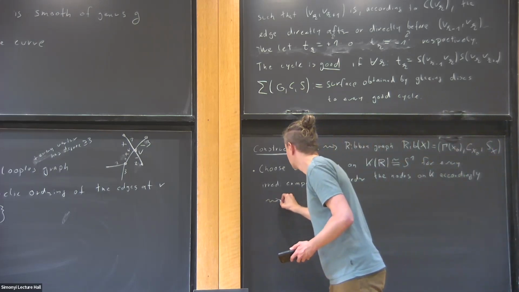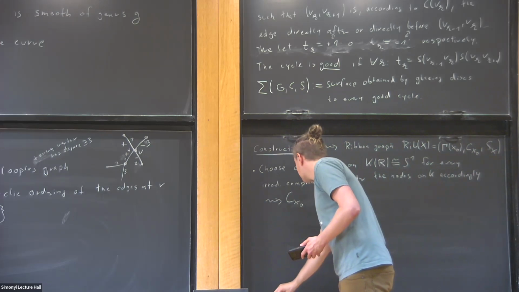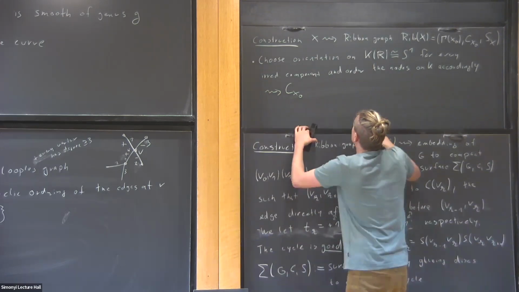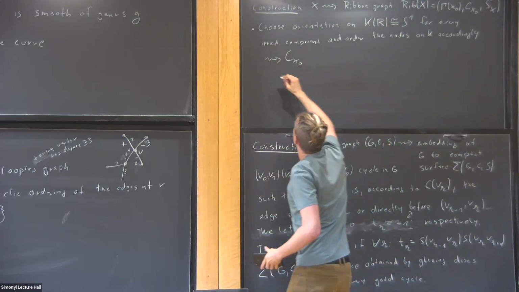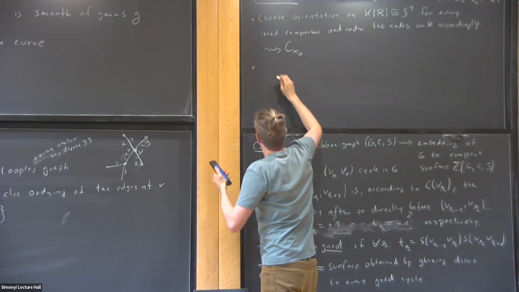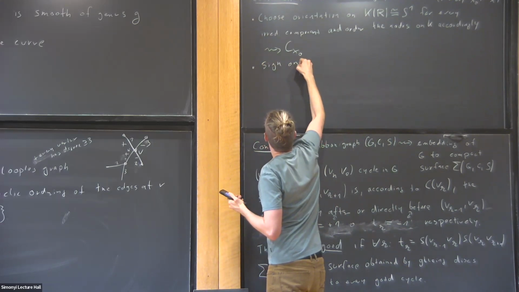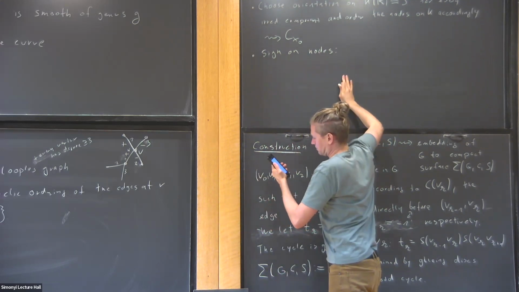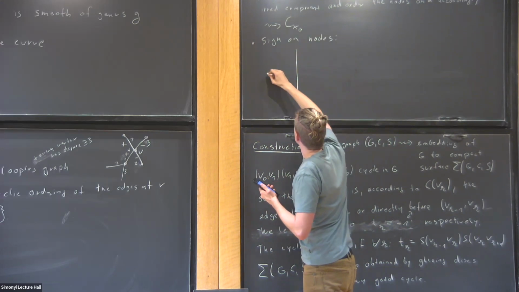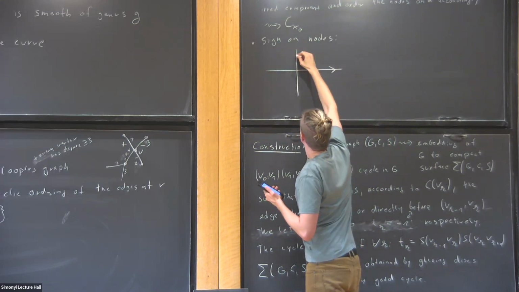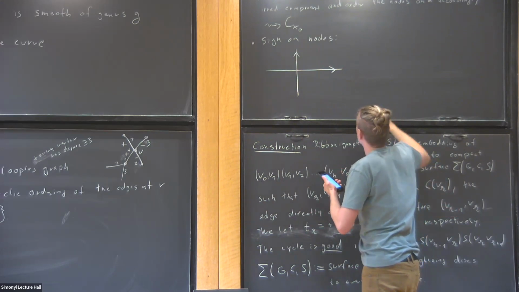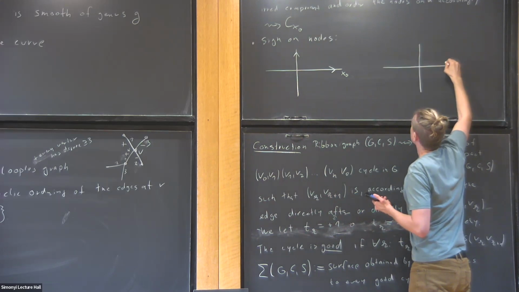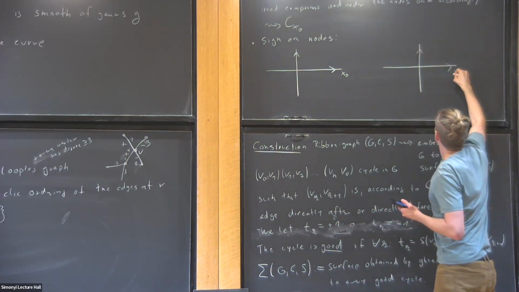This gives you the cyclic ordering. And the sign on the nodes: every node looks locally like this.